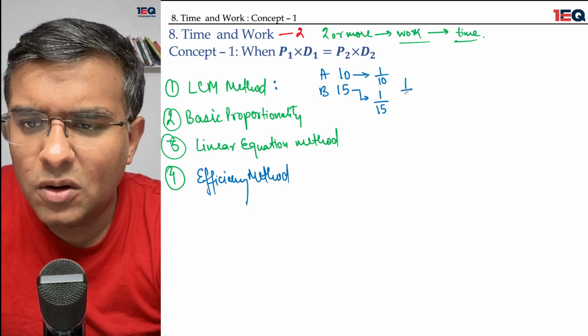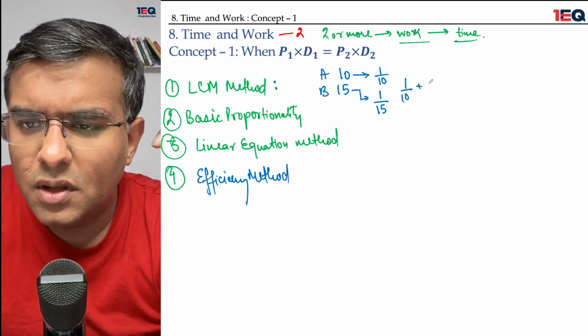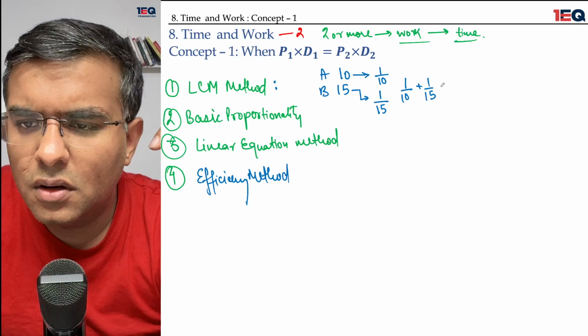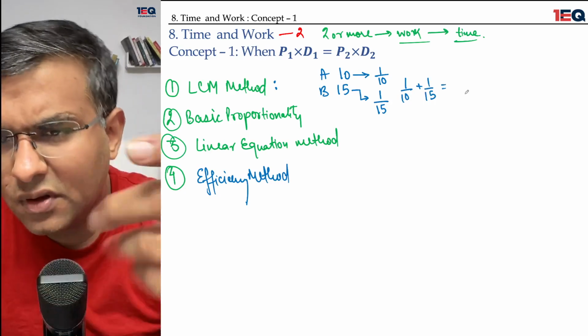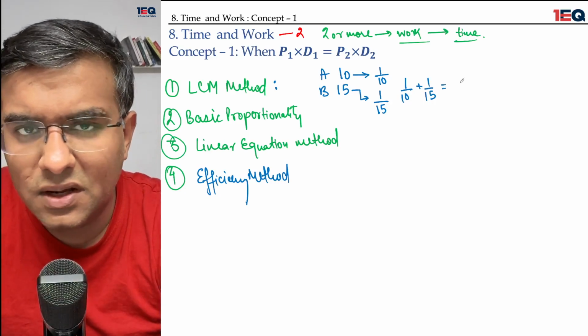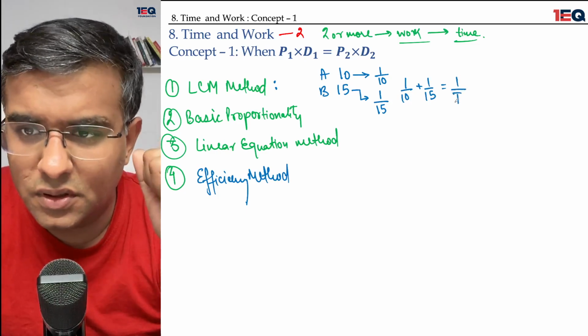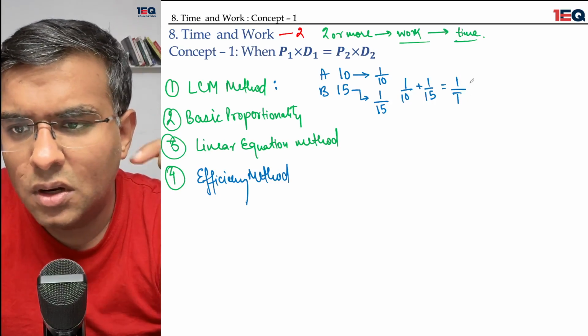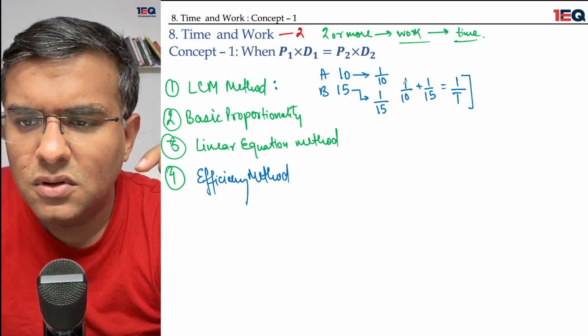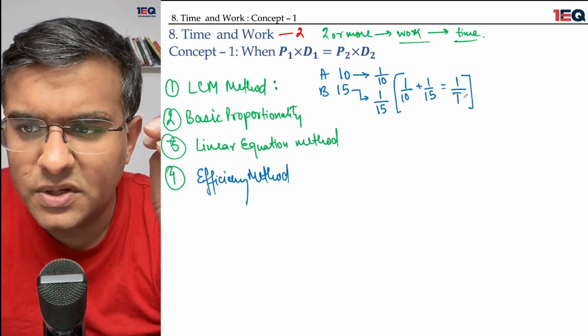So when I add them up, 1/10 plus 1/15, this is equal to 1 upon total work. And I have to solve this particular equation.